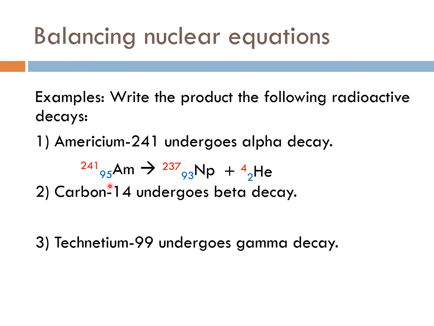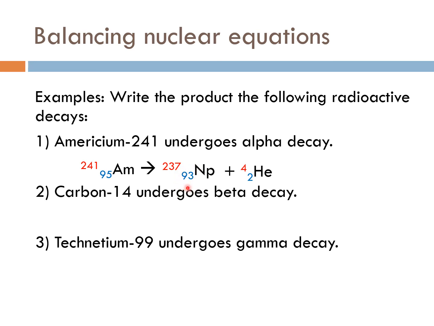Then I have 95 as the number of protons, right? And then I have 2 protons here, so I have 93 missing. So that means that the number of protons for my product is going to be 93.